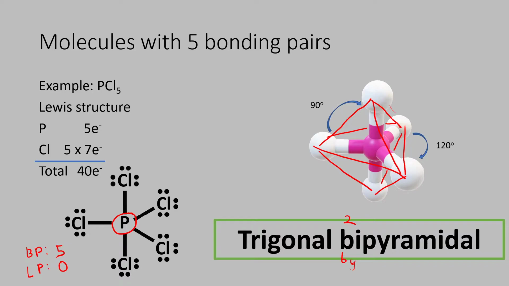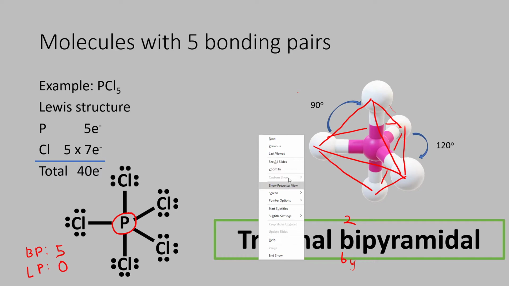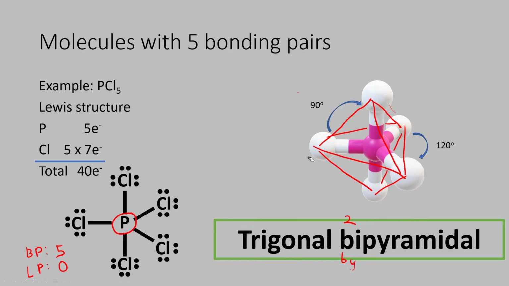So, cara nak lukis. Mana my cursor ni? So, cara nak lukis is you pick a plane. So the easiest way, you nampak tak ada bentuk T ni?